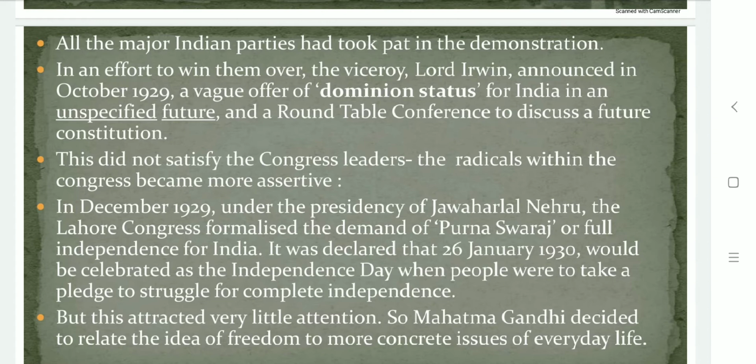In an effort to win them over, Viceroy Irwin announced in October 1929 a vague offer of dominion status for India in an unspecified future, and he organized a roundtable conference in London to discuss a future constitution of India.